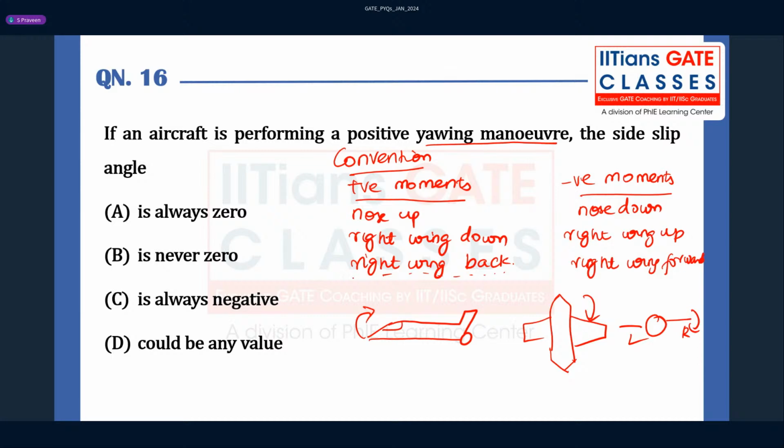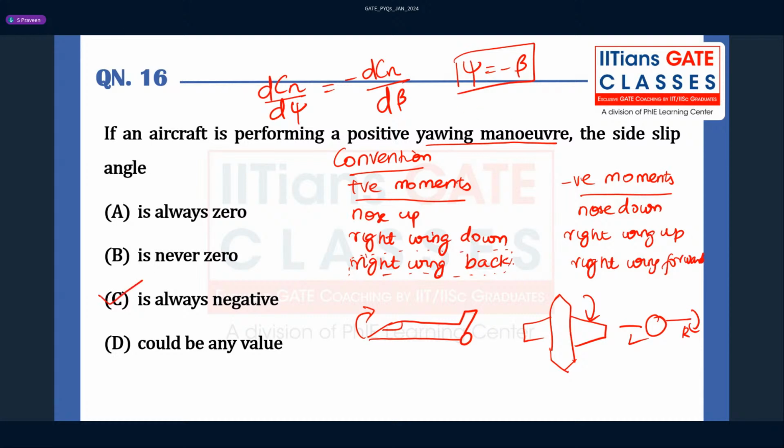So for a right wing back, from theory, I can write it like this: dCn by d phi, this is the yawing angle, that is simply minus dCn by d beta. So in other words, if you have positive yawing maneuver, that is equal to your negative side slip angle. So that is the thing that you should remember. So if it is always positive, then this side slip angle should always be negative. Okay. This comes from the theory.